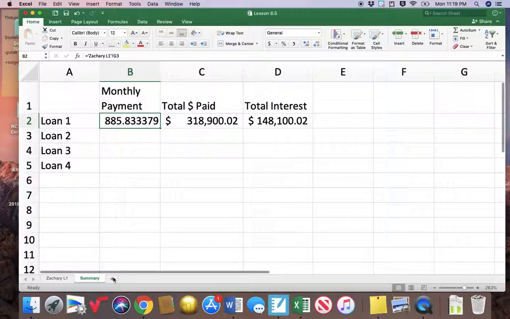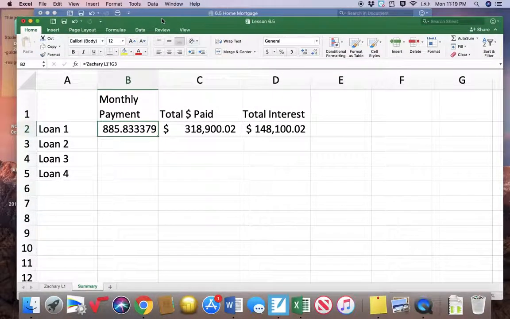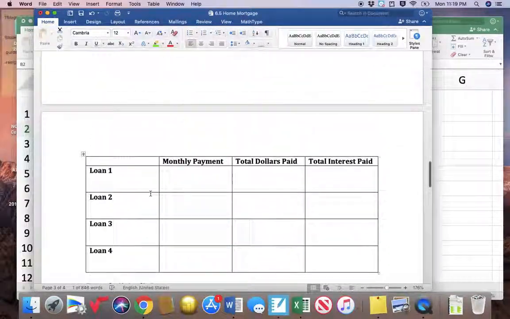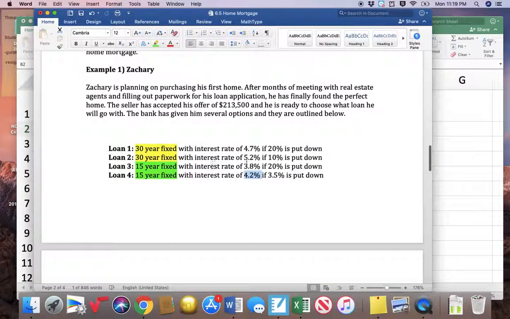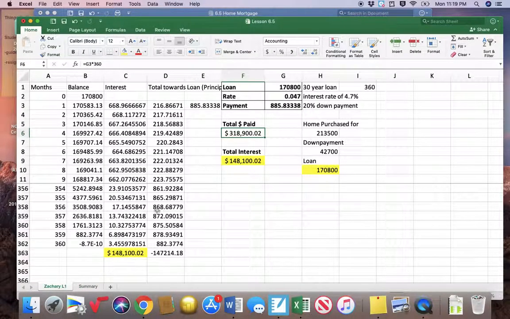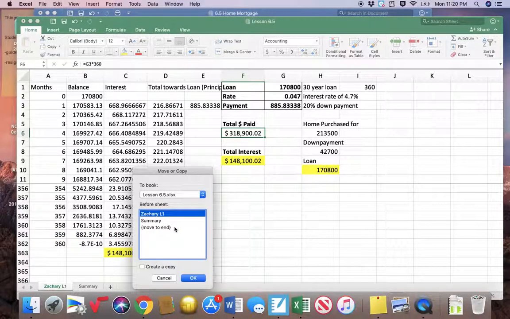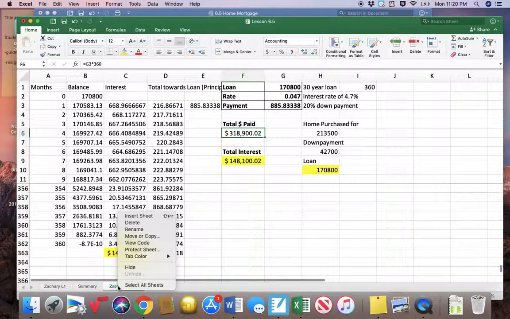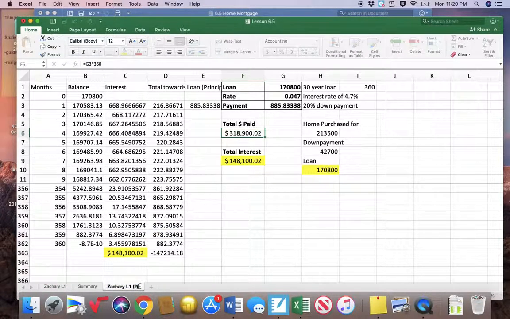All right, so now I need to do Zachary loan 2. Zachary loan 2 is also a 30-year fixed, and the only difference here is the interest rate, and he's only going to put 10% down. Since I already have a 30-year loan sheet built, I'm just going to copy this right over and rename it Zachary loan 2.